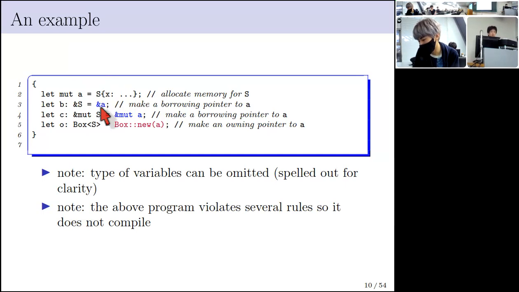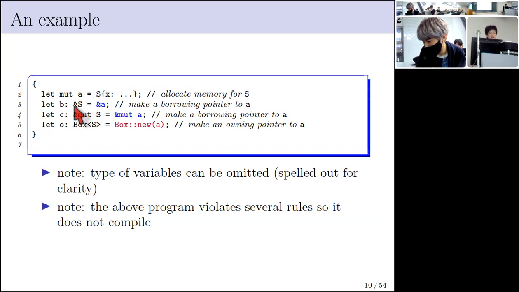This is an expression that makes a reference. And you can assign the reference to a variable of type &S. Because a is of type S, the reference to a is of type reference to S.